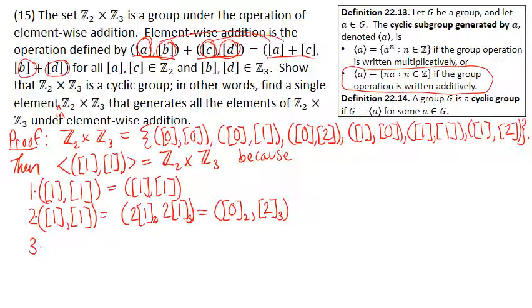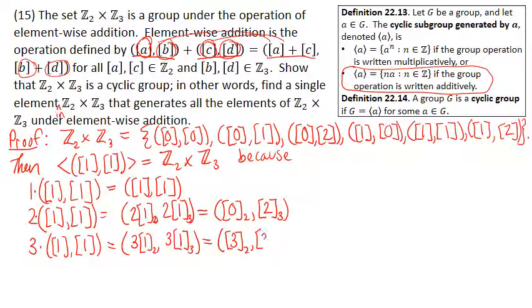Let's keep going. 3 times 1, 1 is going to be 3 times 1 in mod 2 and 3 times 1 in mod 3. So you're getting 3 mod 2 and 3 mod 3, which are two different things. The first is 1 mod 2, and the second is 0 mod 3.